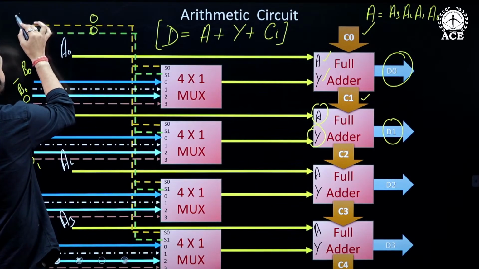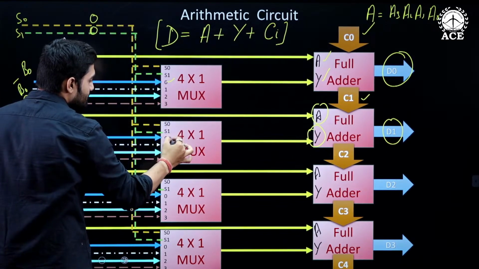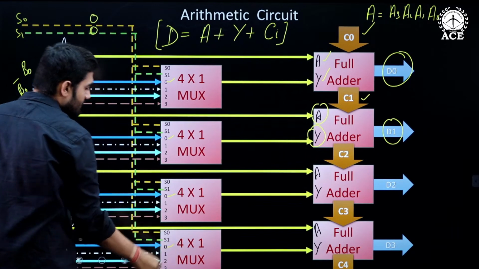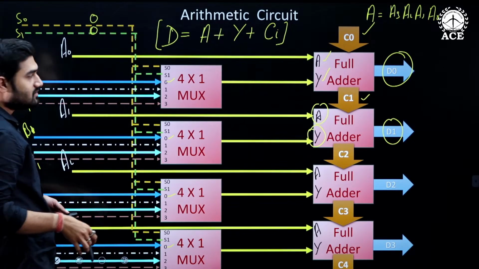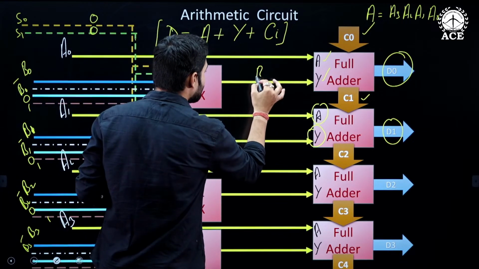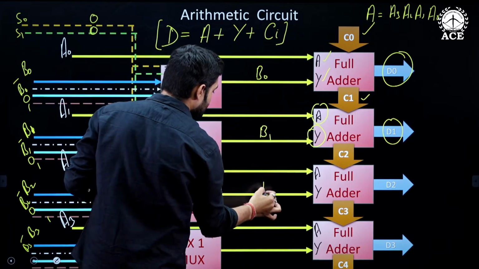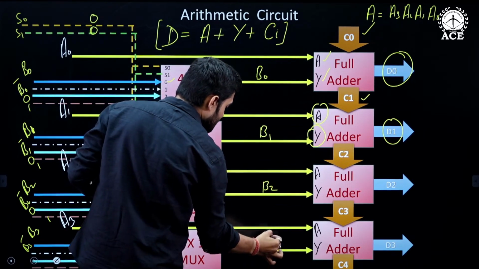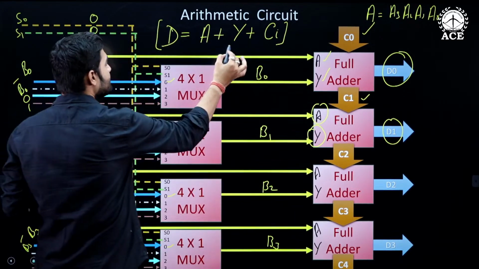S1, S0 are 0, 0, that means mux input 0 is going to be triggered. In input 0, what is there? B0, here B1, here B2, here B3. That means Y is nothing but B.